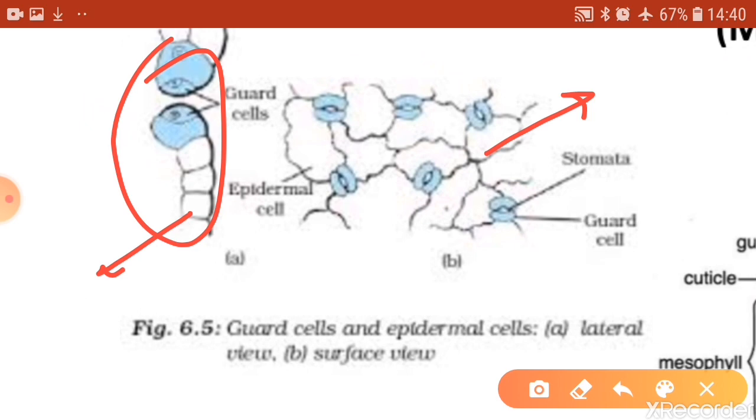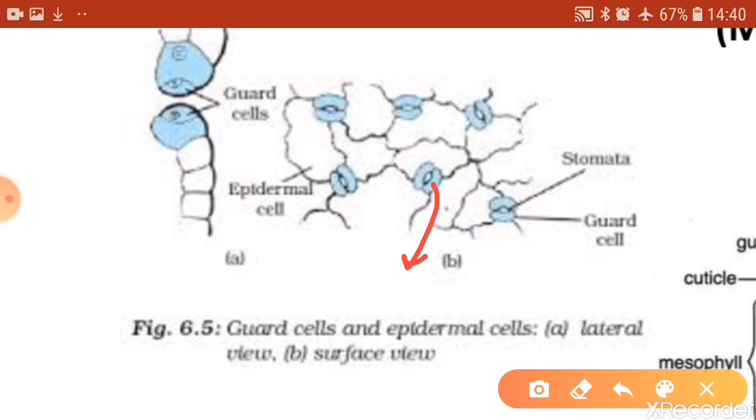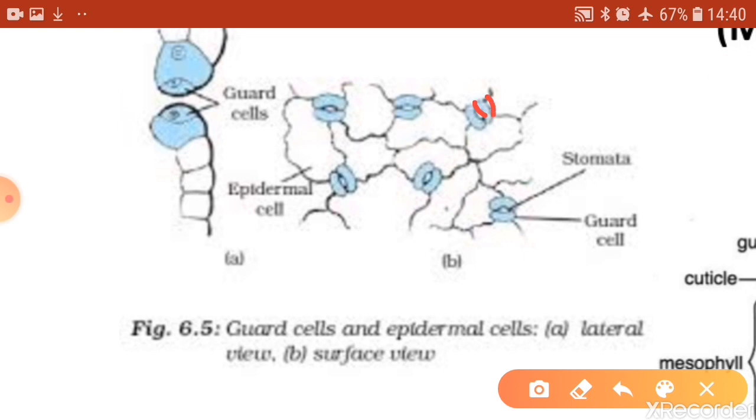If the epidermis is peeled and then seen, you find that all the cells of epidermis are not the same. Some of the epidermal cells get modified into these bean-shaped structures which are called the guard cells, and because of the presence of guard cells you find that tiny openings are left. You can see tiny openings present. These tiny openings are called the stomatal pores or stomata.